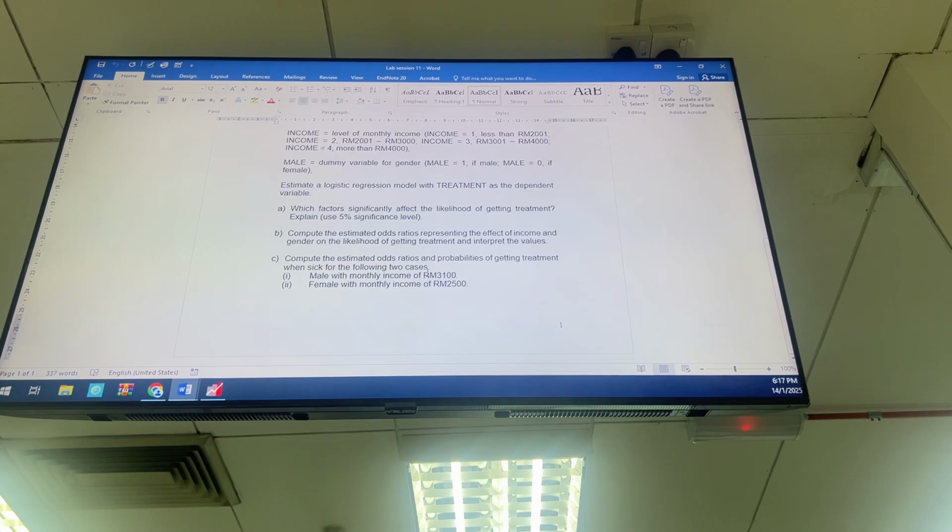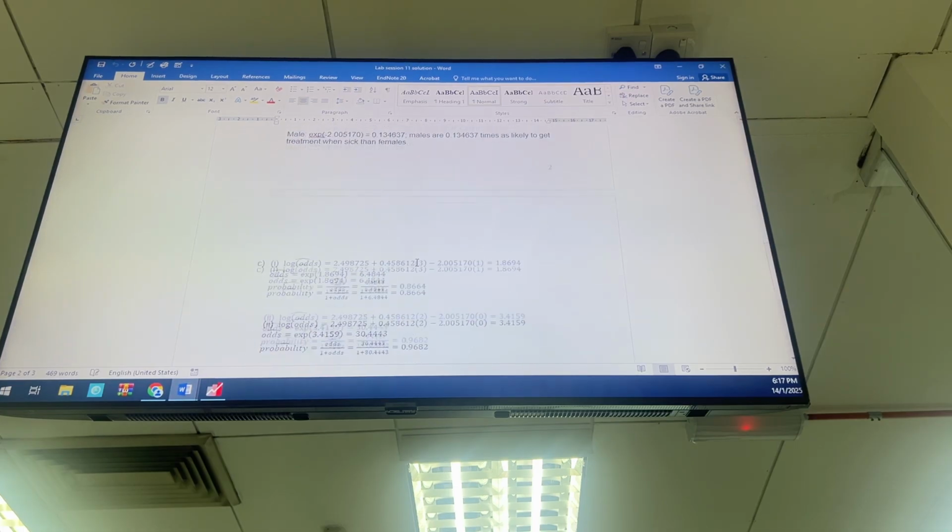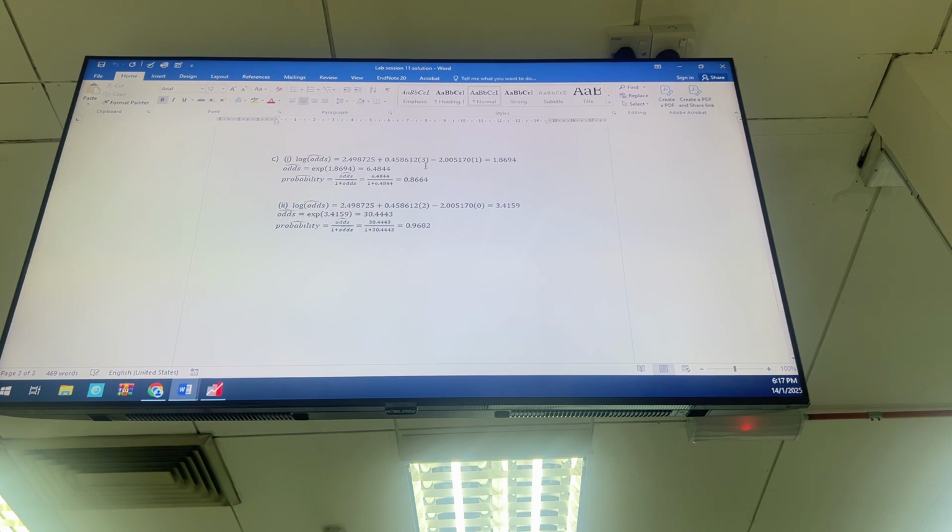So the last one: compute the estimated odds ratio and probabilities of getting treatment when sick for the following two cases. First, a male with monthly income 2,000, which means they are in the third group. So you just use the fitted equation, put in the values: group 3, income level 3, and male 1.